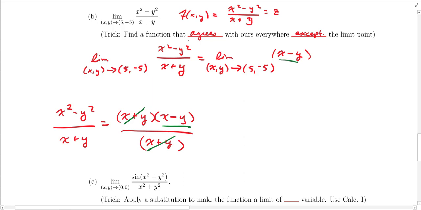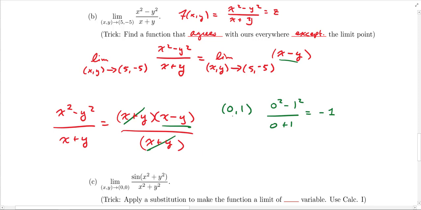I replaced it with a function that agreed with ours everywhere except for at that exclusion point, or possibly other points, but at least far away from them. So what do I mean by that? Well, notice if I were to plug the ordered pair, say, 0, 1 into this function here, it would give me 0 squared minus 1 squared all over 0 plus 1, which just gives me the number -1.